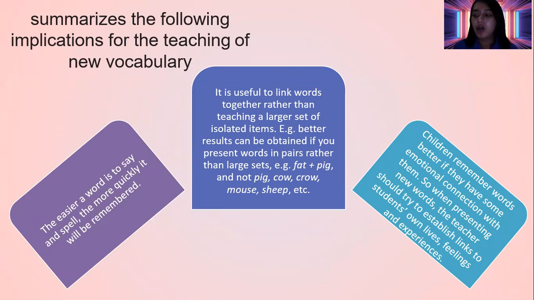And next, I summarize the following implications for the teaching of new vocabulary. First, the easier a word is to say and spell, the more quickly it will be remembered. It is useful to link words together rather than teaching a larger set of isolated items.